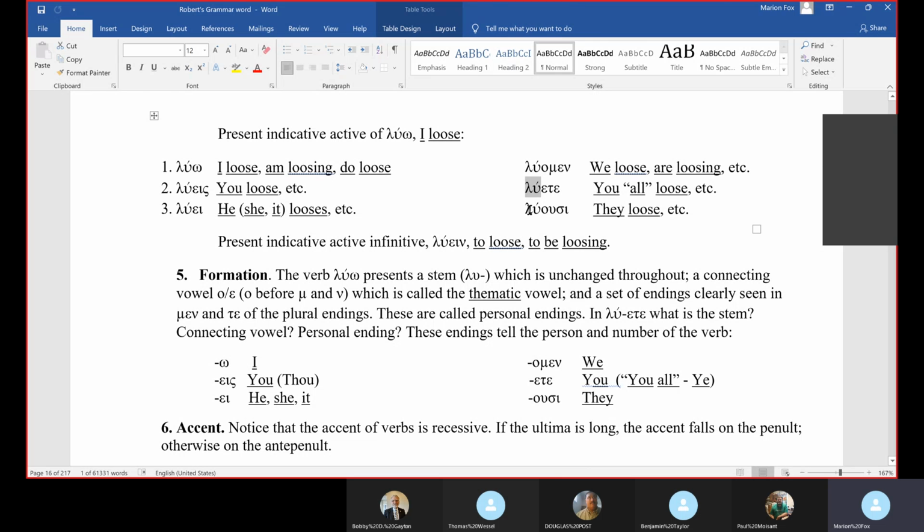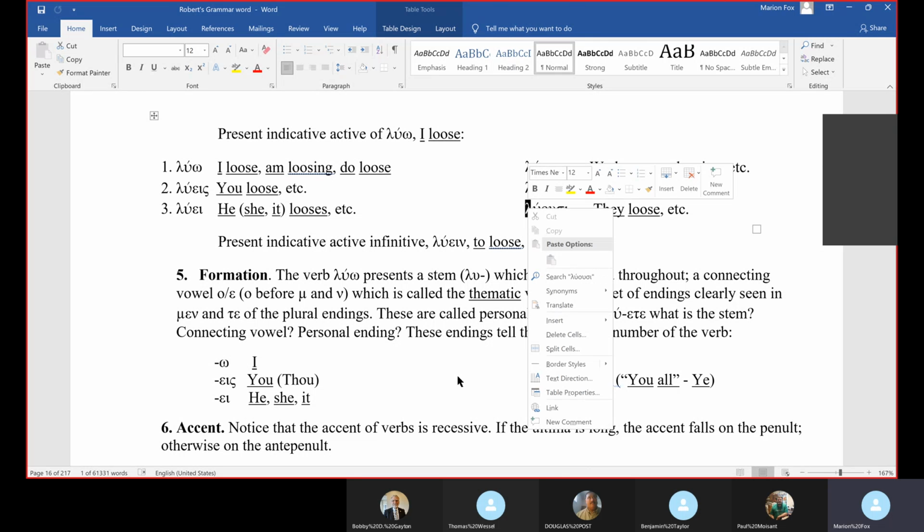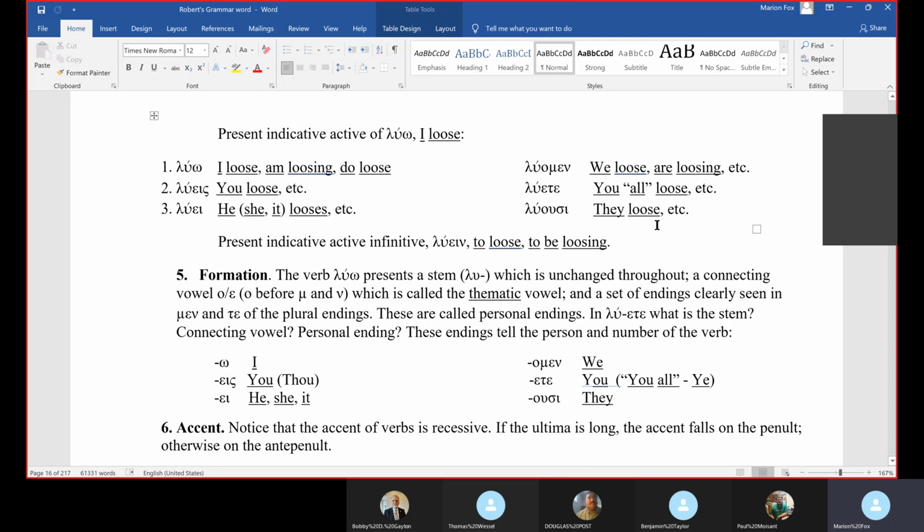Lu, basic stem, and usi. So this would be luusi. And so our endings would be: the usi ending is third person plural. The ete ending is second person plural.